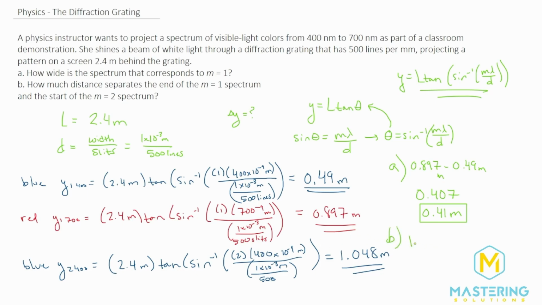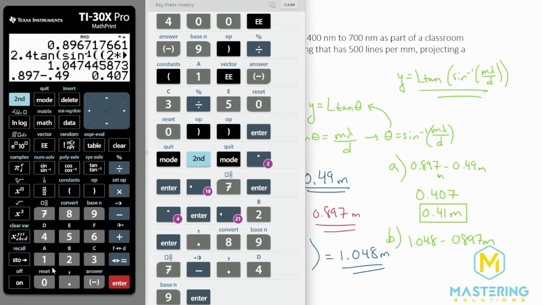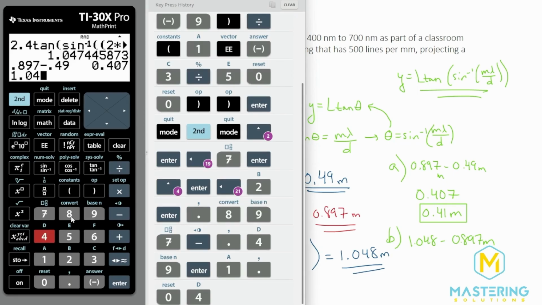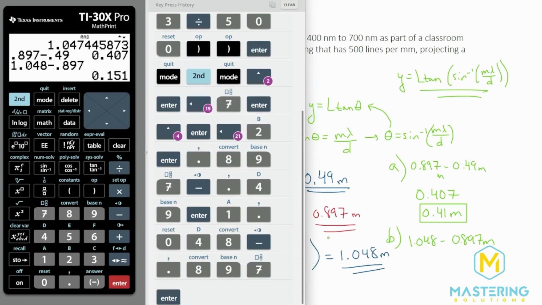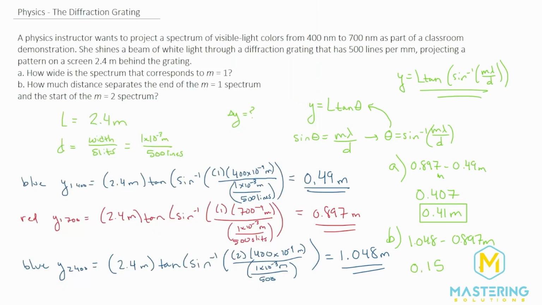We just take 1.048 meters minus 0.897 meters, and that gives us 0.151. Let's just say 0.15 meters. And that is how far the distance is from the end of the m1 spectrum to the beginning of the m2 spectrum.